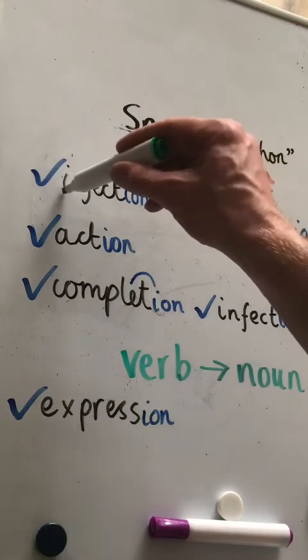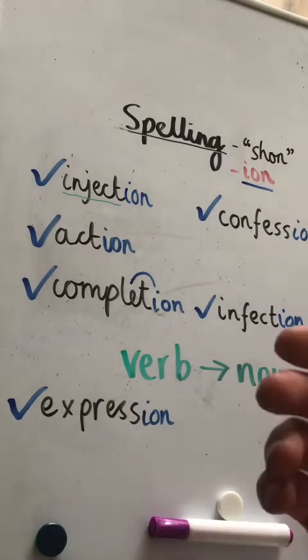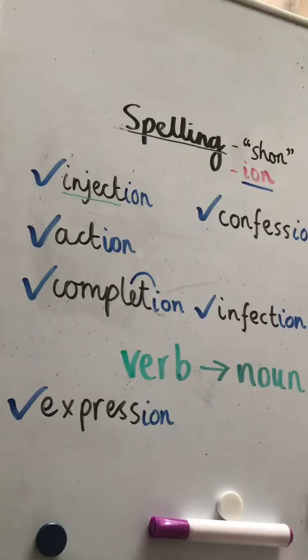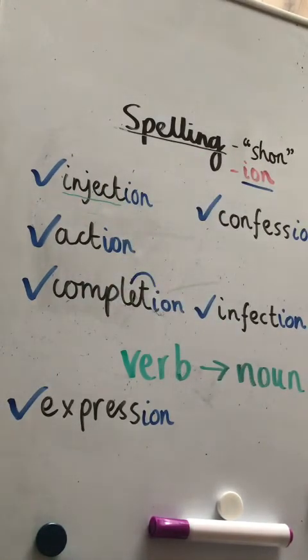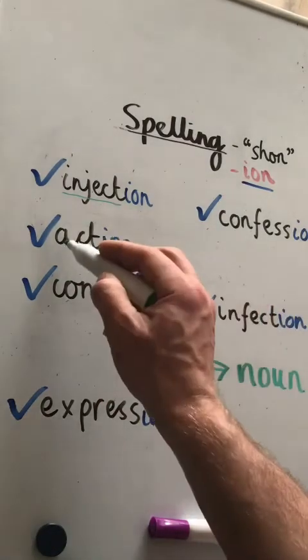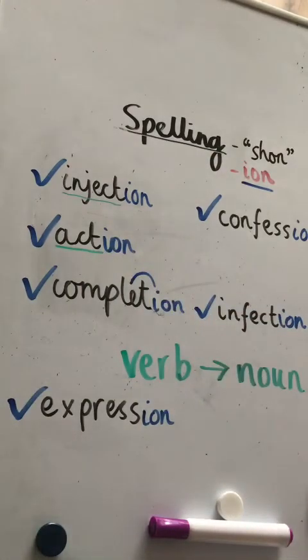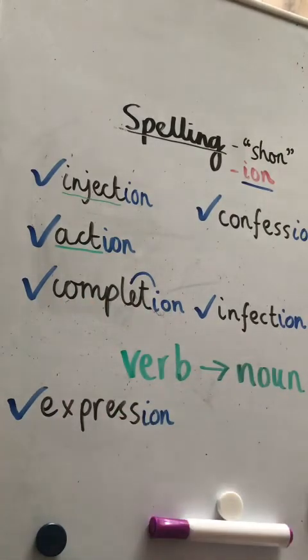So inject, if you inject something, maybe into an animal to make them go a bit sleepy so you can do surgery on them if you're a vet, that becomes the noun. You are giving them an injection. Act is the word if you act, but if you act in an action movie, that becomes a noun. Complete, if you complete a race and you come first, the completion of that race, which is the noun, has resulted in you finishing first.